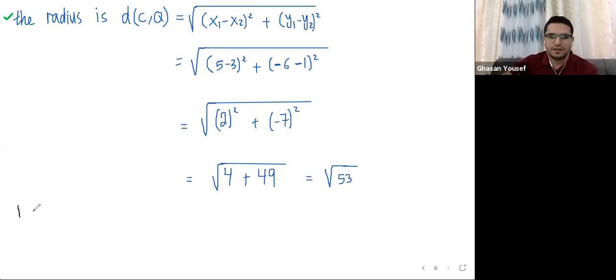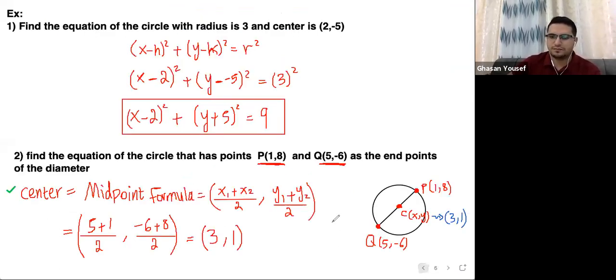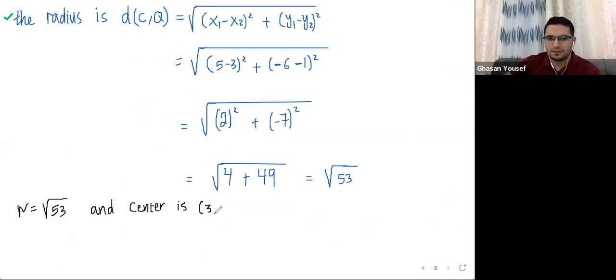So the radius is the square root of 53, and the center is 3 and 1.